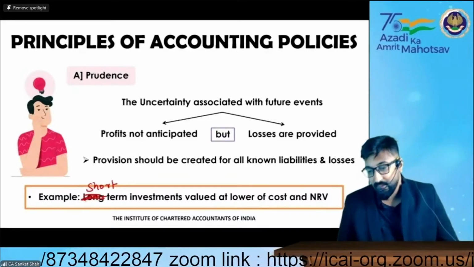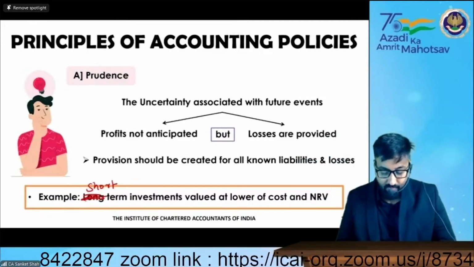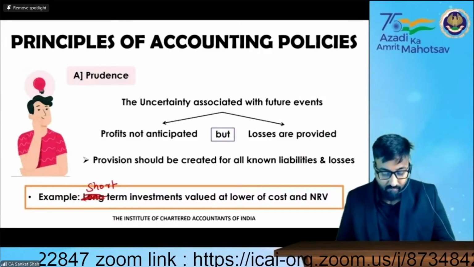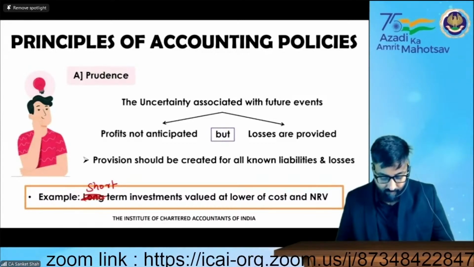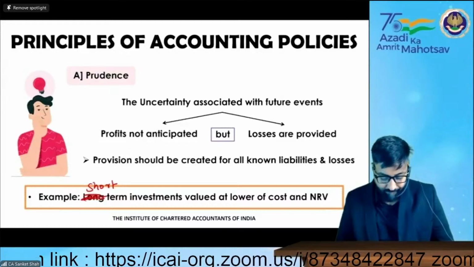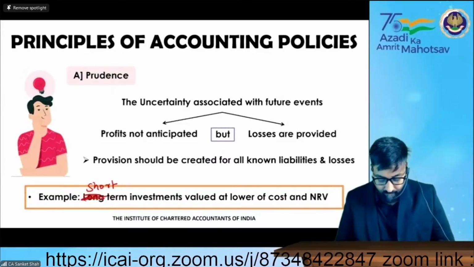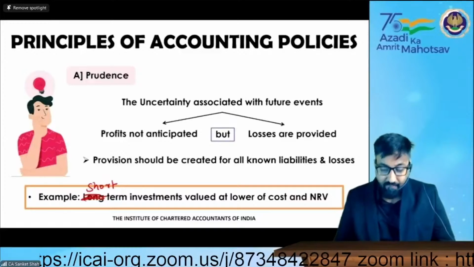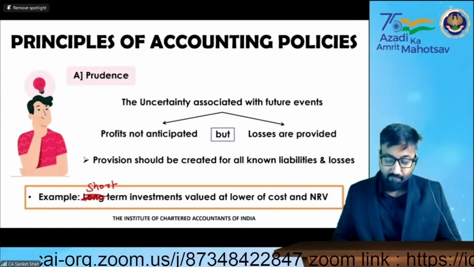Short-term investment. One more. I will take a screenshot of this. मेरे से गलत हुआ है. Short-term investment I should record at cost or NRV, whichever is lower. Same principle for inventory.